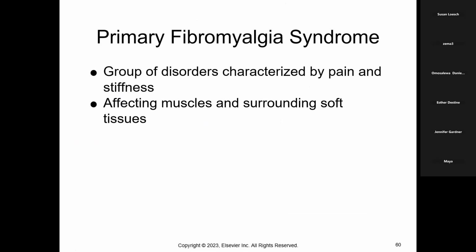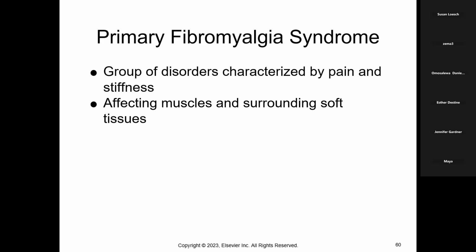Fibromyalgia. This is characterized by pain and stiffness in the muscles that are affected, the tendons and the soft tissue. It does not affect the joints. These clients do not have any obvious inflammation or degeneration.